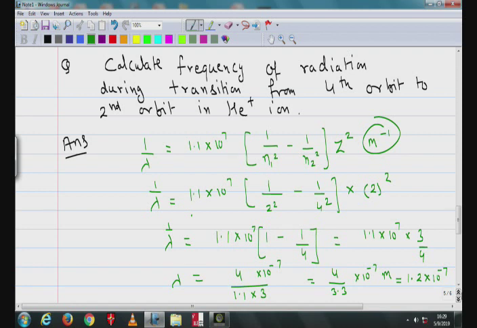That's the only difference. I was using the formula to calculate the wavelength, and after getting the wavelength, we will use it with the relation c equal to nu lambda to get the frequency. So first of all, you have to use this relation to calculate lambda, and after that you will get the frequency. Any doubt? Any problem?